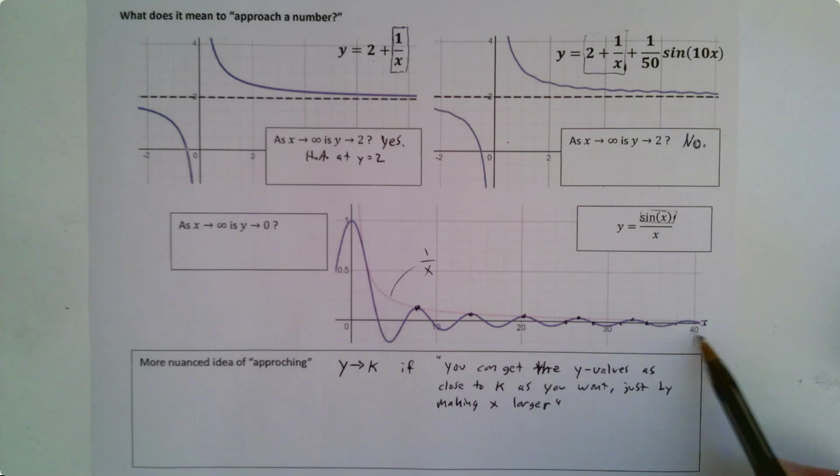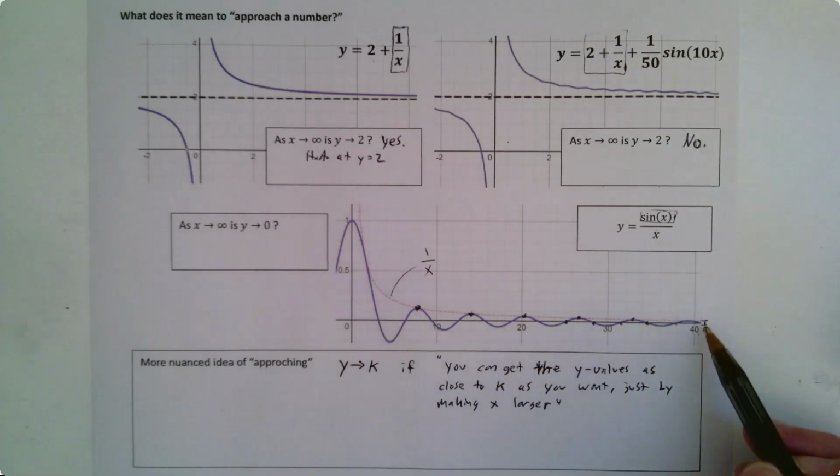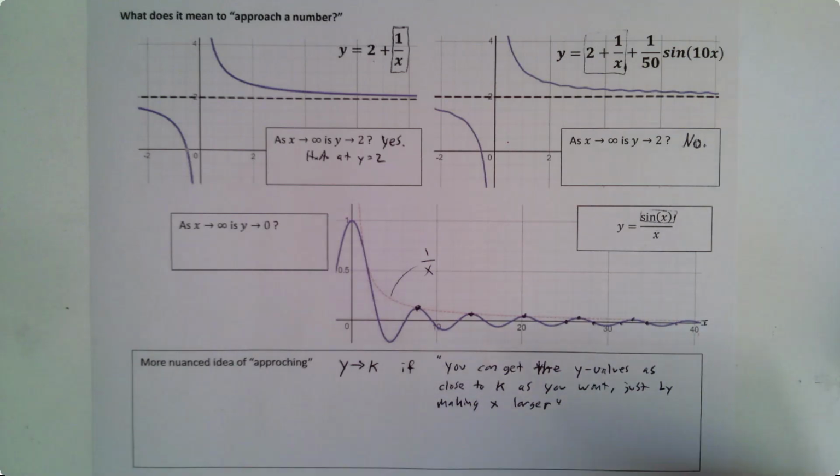And now I know that if x is larger than 1,000, all the y values in the graph to the right of that are going to be within 1/1000th of 0. And I could choose an even smaller window here. I could say 1/1,000,000th or 1/1,000,000,000th or 1/1,000,000,000,000th. So we can get all of the y values arbitrarily close to 0 just by making x bigger. So that's our new, more nuanced idea.